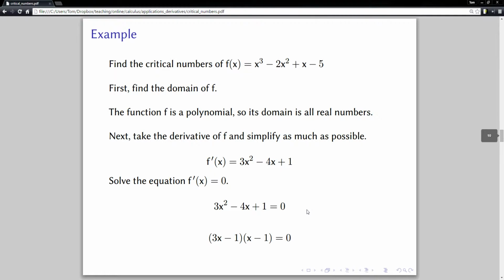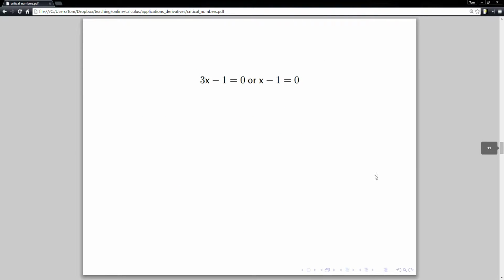This polynomial is just a quadratic, and it can be factored to 3x minus 1 times x minus 1 equals 0. Now that we have the left-hand side completely factored and equal to 0, we can set each factor equal to 0 and solve, and we get x equals 1/3 for this one and x equals 1 for this one.